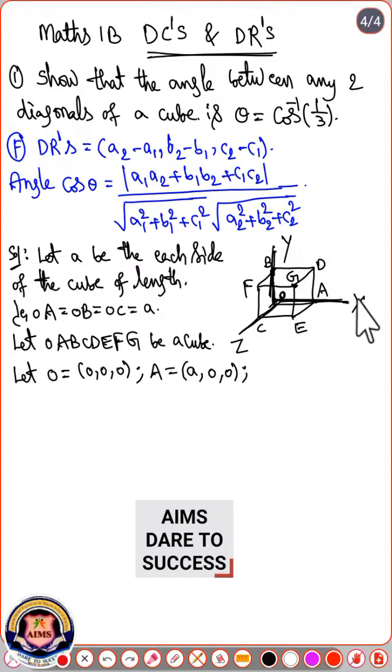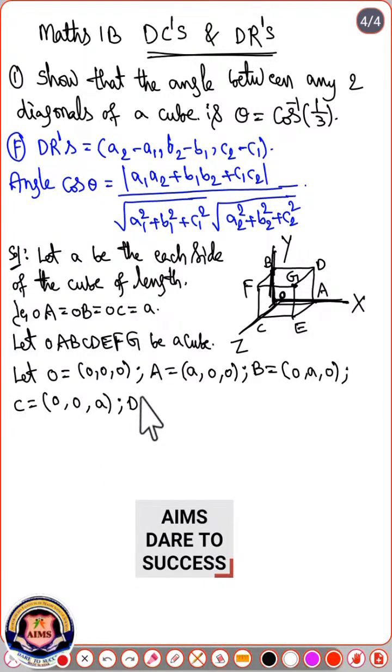B lies on the y-axis, so y is a, and x value 0, z value 0. Like that, C lies on the z-axis, so z value a, x value and y value 0.